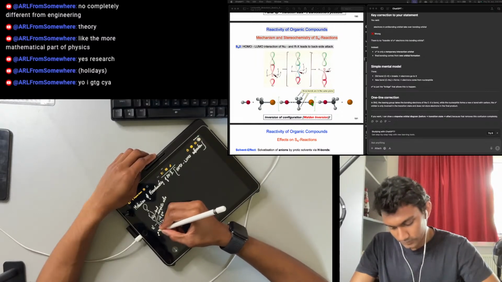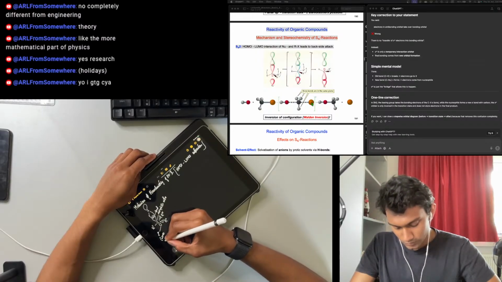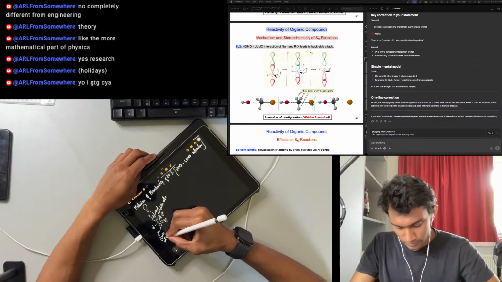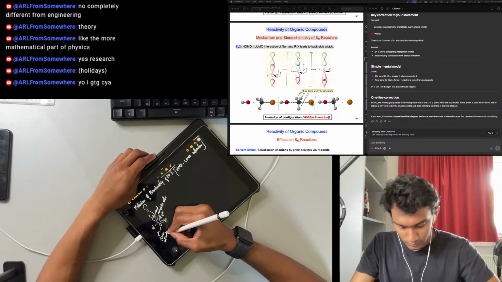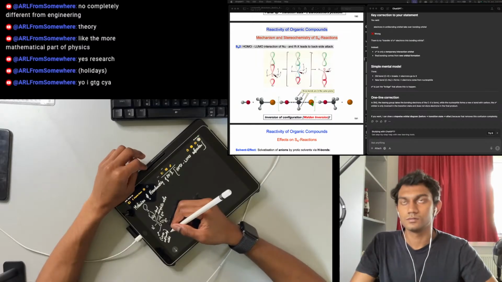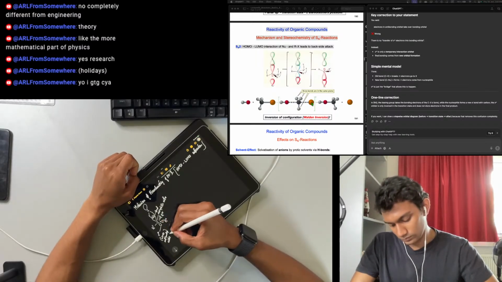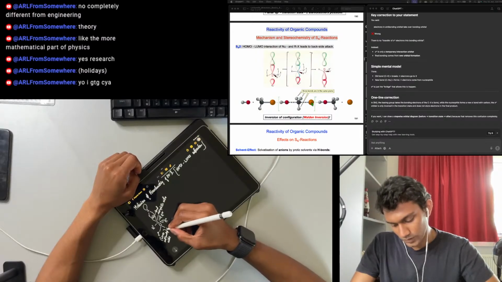Sigma star, LUMO. Anti-bonding orbital. Empty.